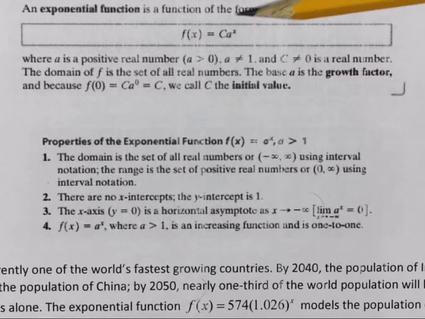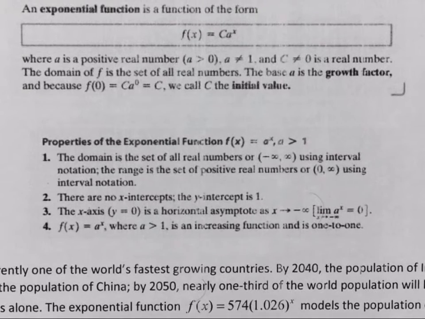The base a is what we call the growth factor, and c would be the initial value. The base a essentially tells the function how quickly it's going to be growing. The larger that base a is, the faster the exponential function will grow, and the smaller it is, the less quickly it will grow.